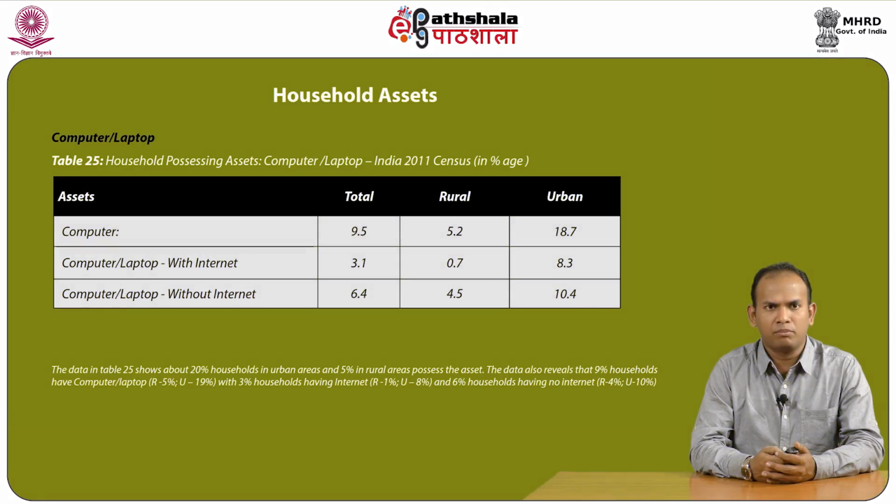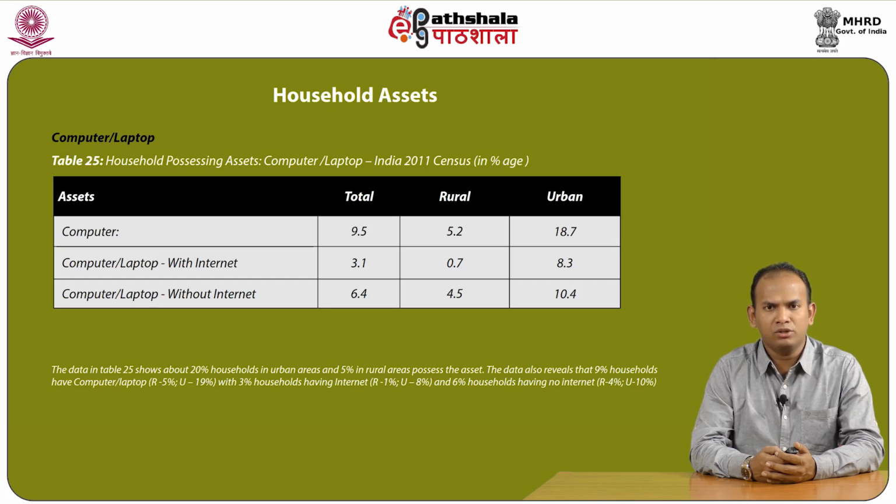Computer or laptop. Table 25, household possessing assets like computer or laptop, 2011. The assets are categorized as computer, computer laptop with internet, and computer laptop without internet. Overall, the data in Table 25 shows about 20% households in urban areas and 5% in rural areas possess the asset.